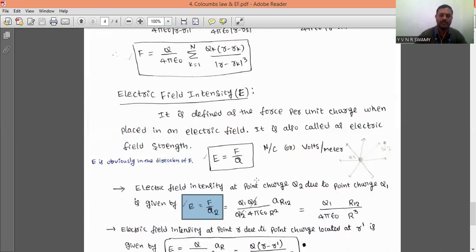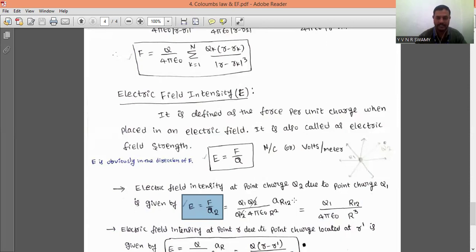Okay, and we know that the force according to Coulomb's law between these two points is the product of these two charges Q1, Q2 divided by the square of the distance between these two points, represented as r. Then F is equal to Q1 Q2 by 4 pi epsilon naught r square along the a suffix r12 direction.